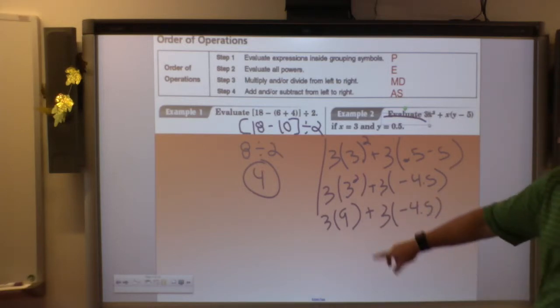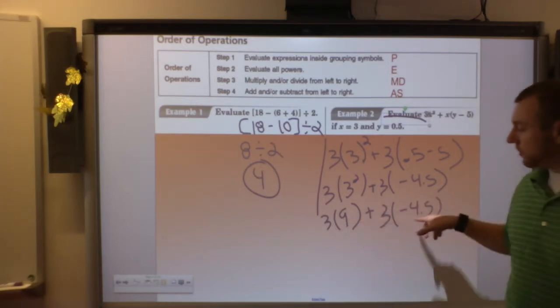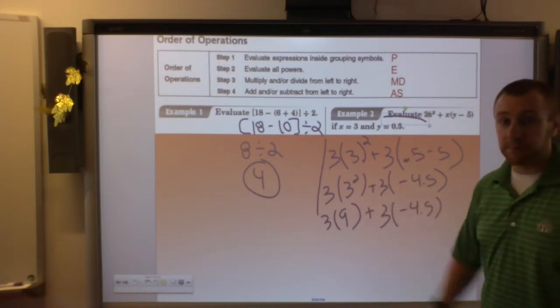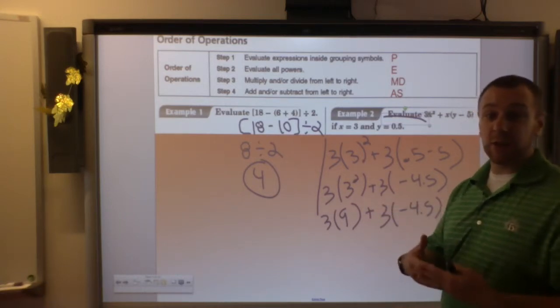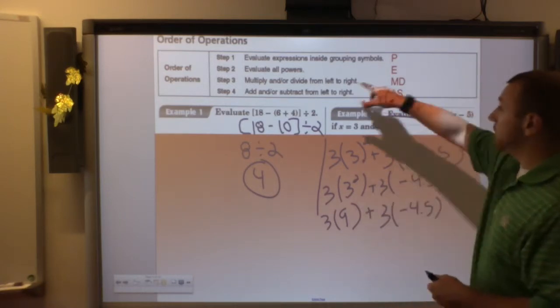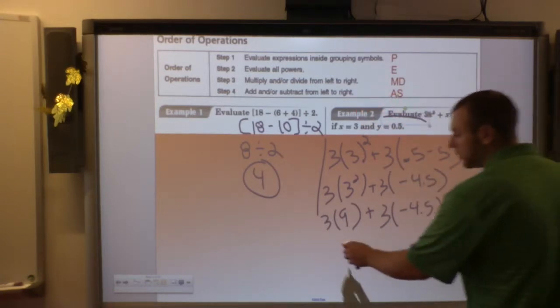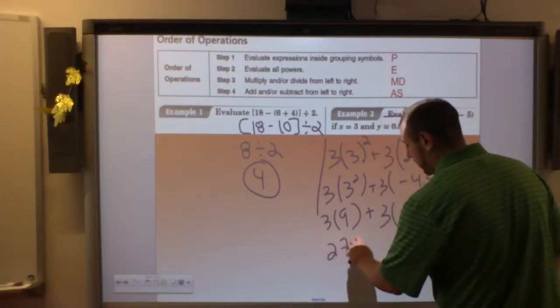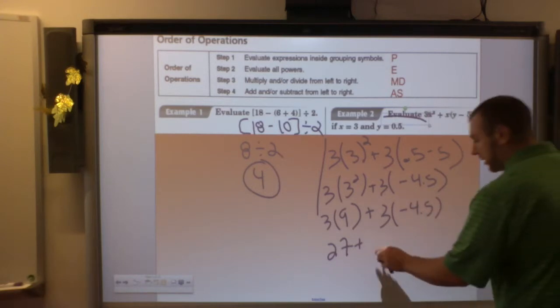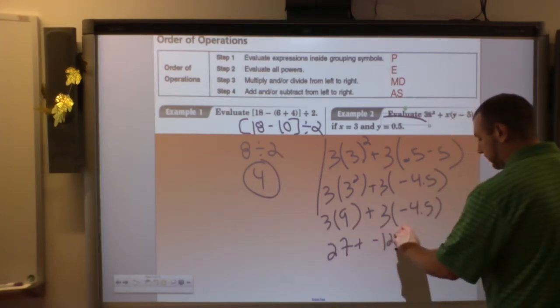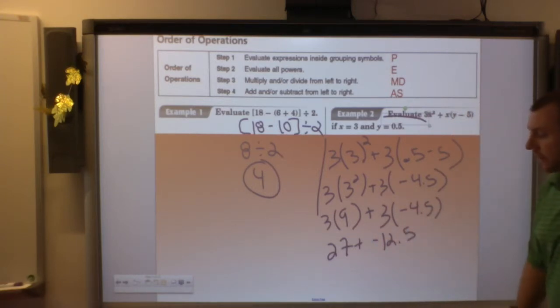Now, the tricky part is that both of these are multiplication, separated by an addition sign. So I can actually evaluate those both at the same time because they're both the same step. So this is going to be 27 plus, now this is going to be negative 12.5.